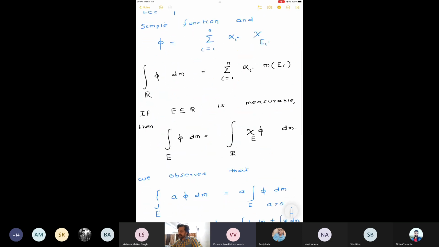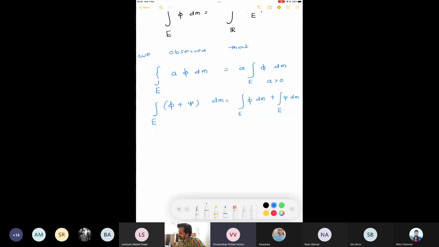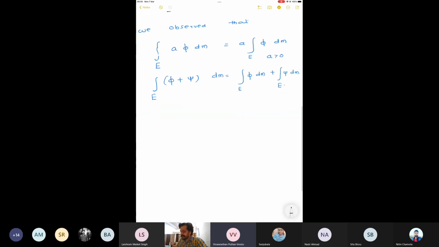Okay. So this finishes the ground level. With this in hand, we went to a slightly better level, where we handled any measurable function which is bounded and defined on a set of finite measure.